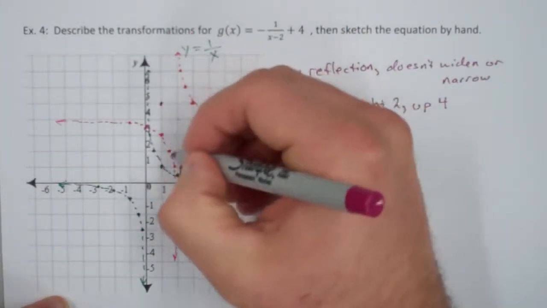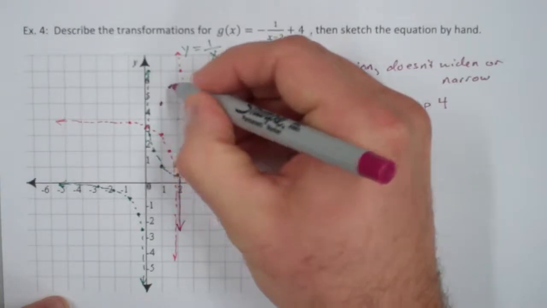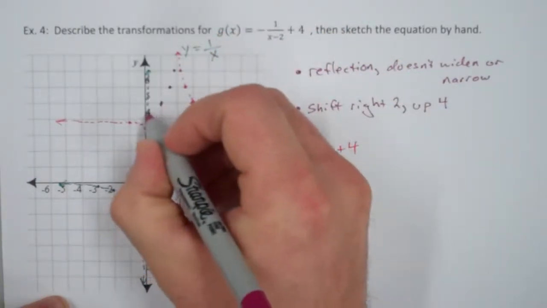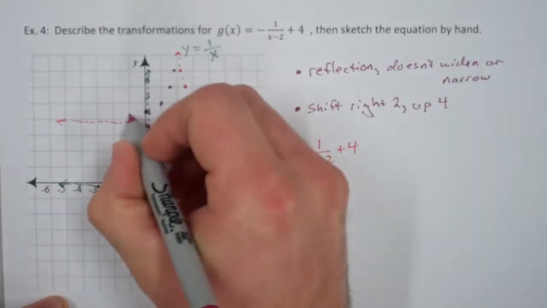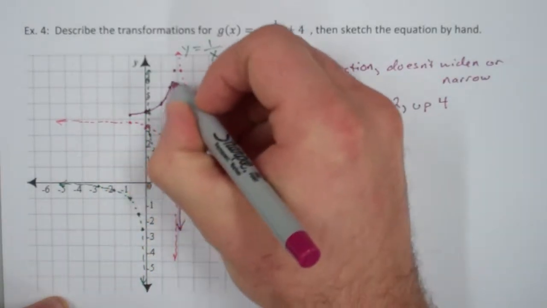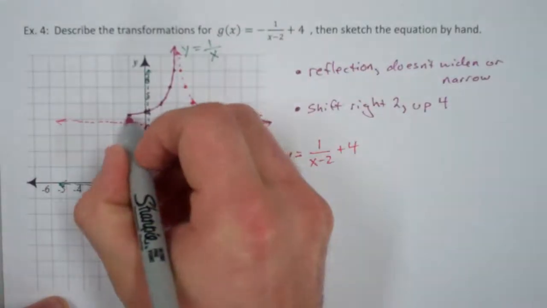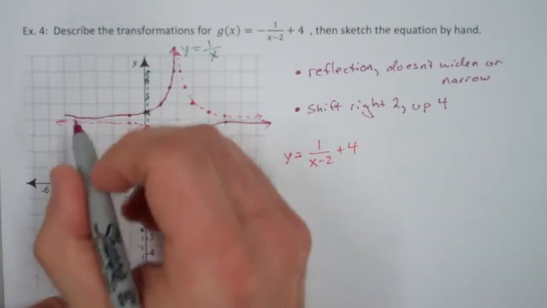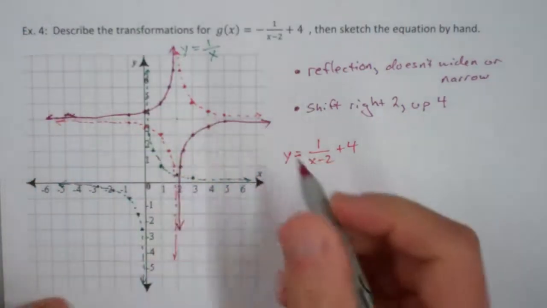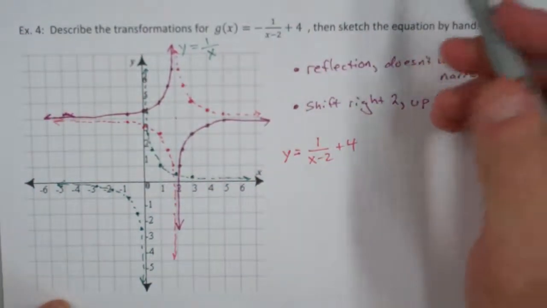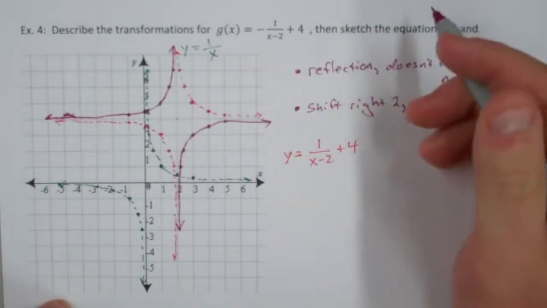We'll reflect each one of those points over the top. So this one will be reflected here, this one will be reflected here. So saying the x-axis is accurate, but when you do the shift first, think about those asymptotes, especially with this rational function.